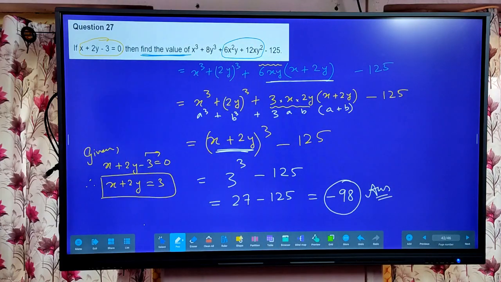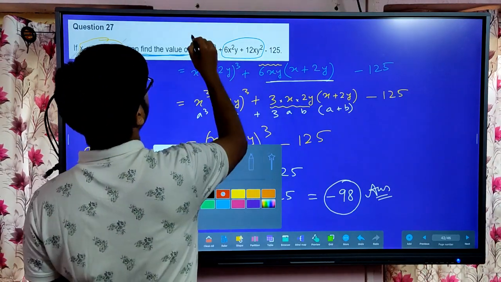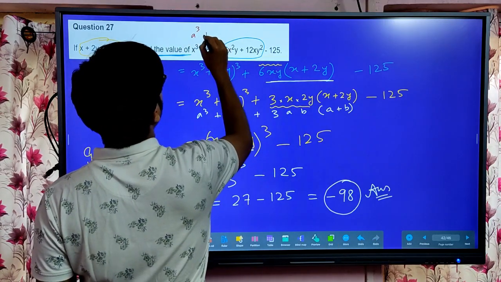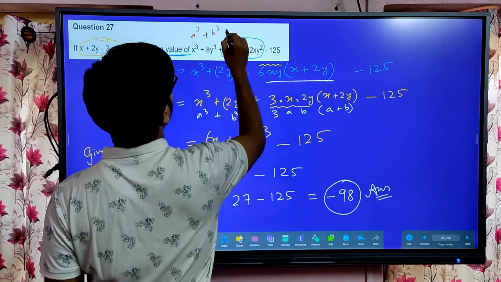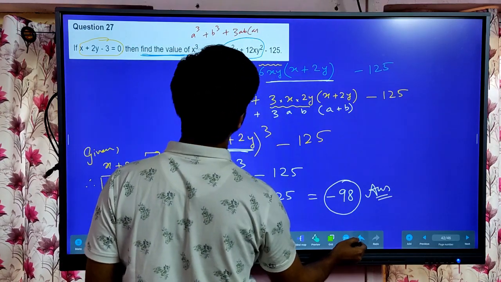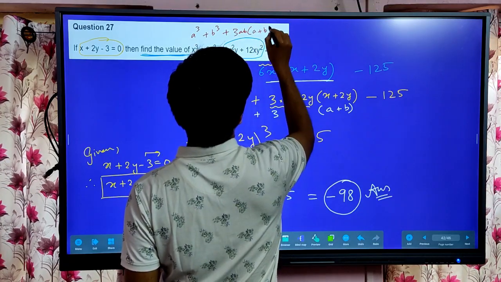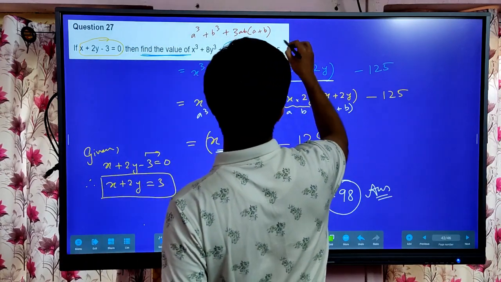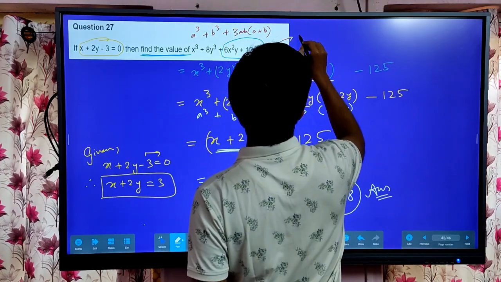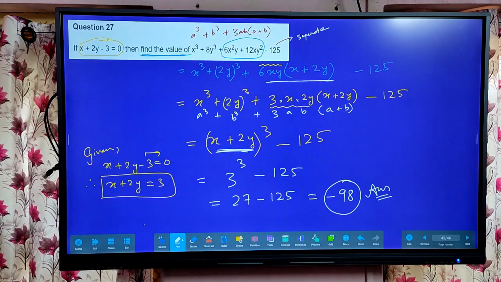Please check it. I have broken this formula into this form, that is a cube plus b cube plus 3ab, a plus b. Okay, and this is separate. Don't think about this.